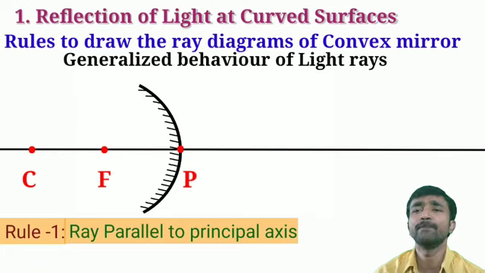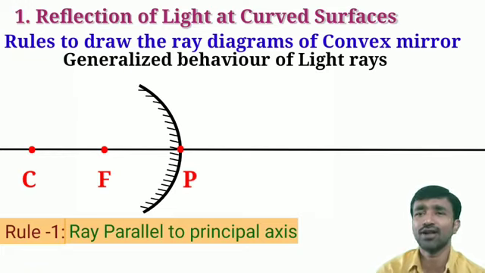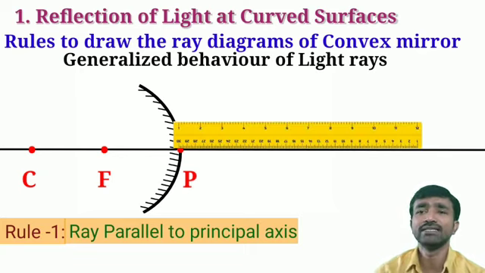What happens if a light ray is parallel to the principal axis and is incident on the convex mirror? After reflection, what happens? First draw a line parallel to the principal axis to meet the convex mirror. Use the width of your scale as the gap between the parallel ray and the principal axis, so it is exactly parallel.